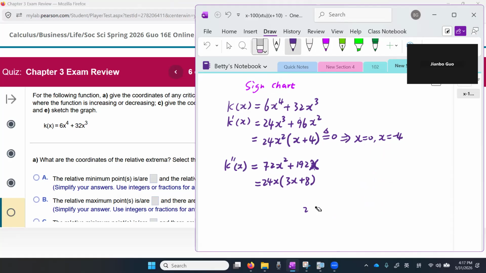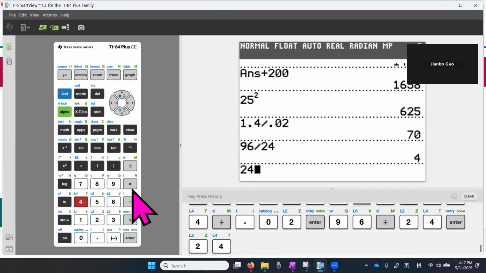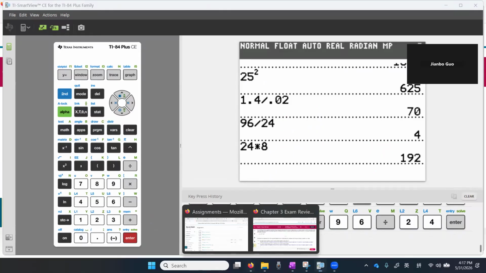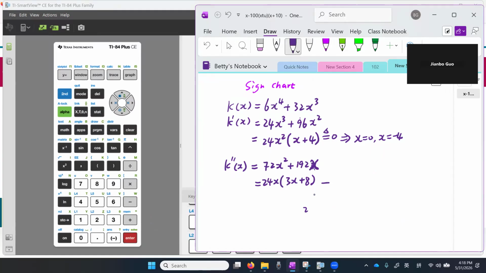Okay, so we're going to make that 0. x equals 0 or x equals negative 8 over 3.